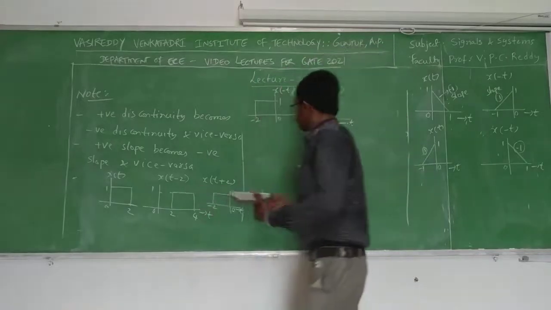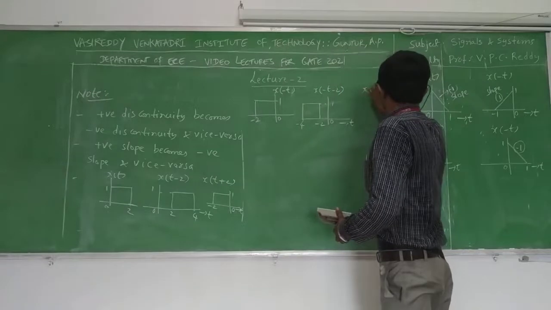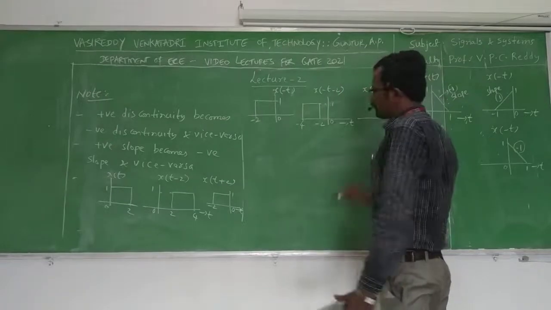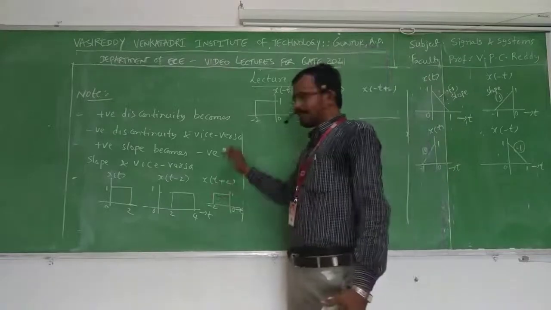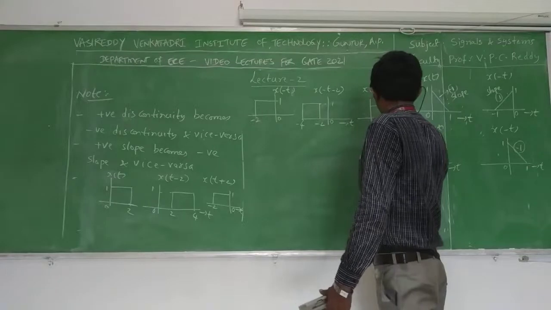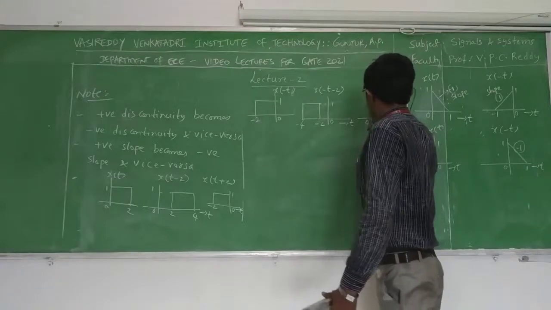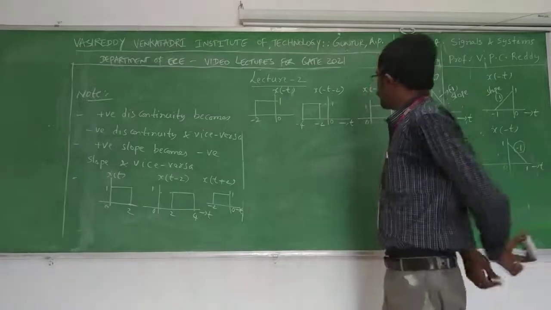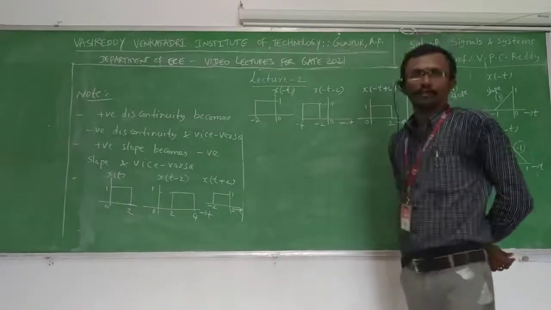Similarly, x of minus t plus 2. For x of minus t plus 2, what do we have to do? We have to keep it parallel again to the y-axis. This becomes 0 to 2, the magnitude is 1. Now, if you observe all these things, we will make one note point.